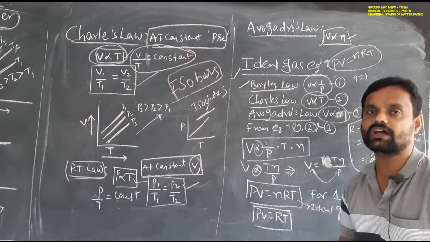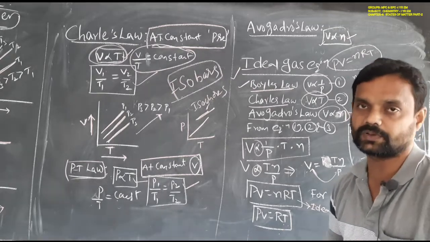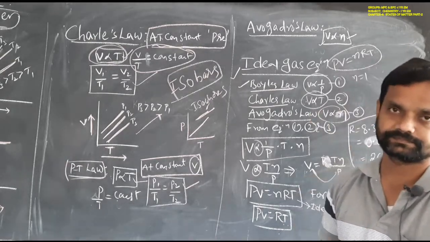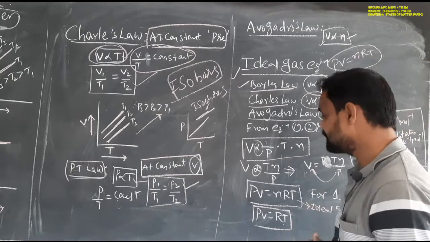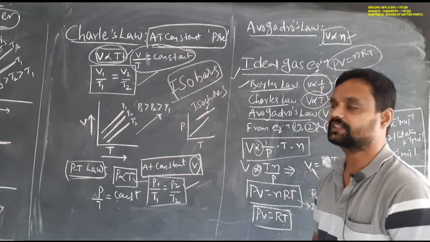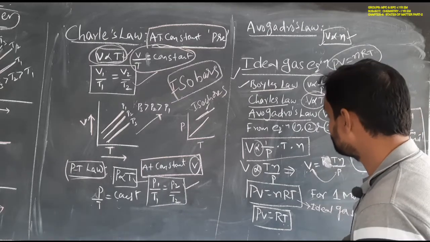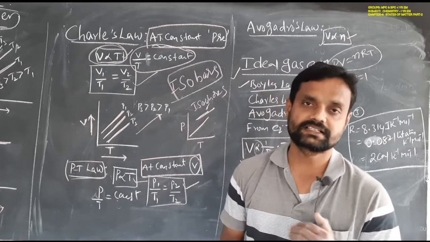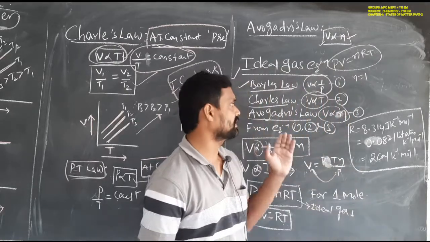This is the 1 mole ideal gas equation. For n moles, PV equals nRT. For 1 mole, PV equals RT. So the ideal gas equation can be derived by using the gas laws: Boyle's law, Charles law and Avogadro's law.